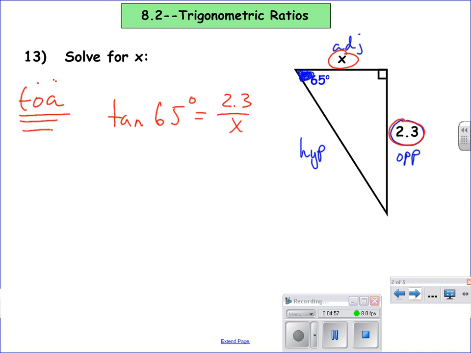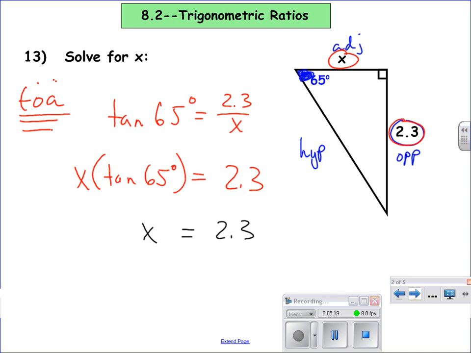Okay, so now this gets a little bit harder. This is basically x times the tangent of 65 degrees, cross multiplying, equals 2.3 times 1, so 2.3.